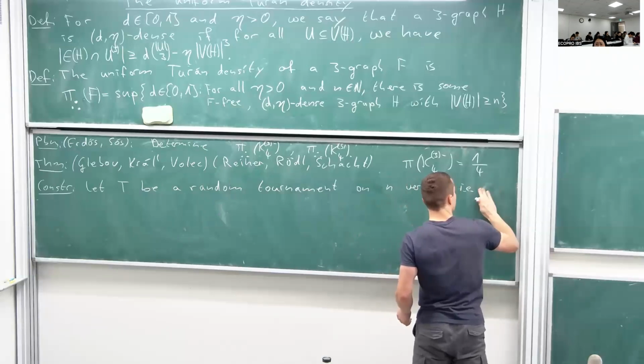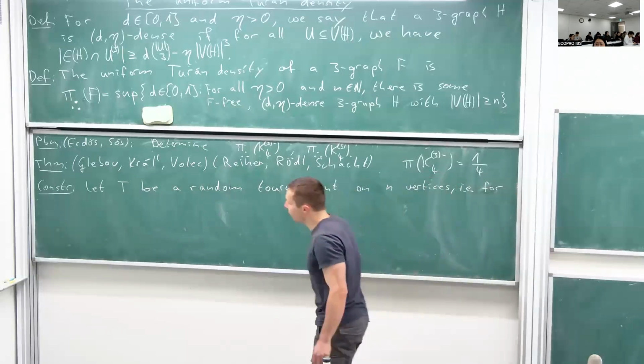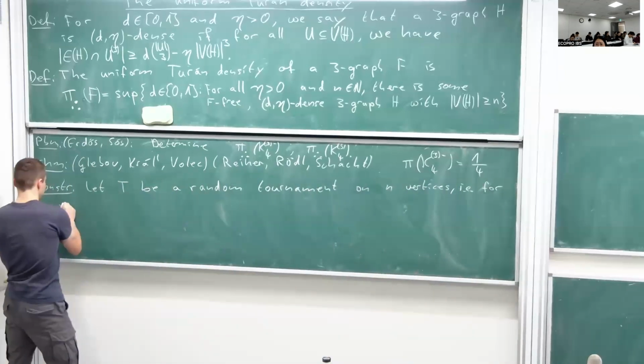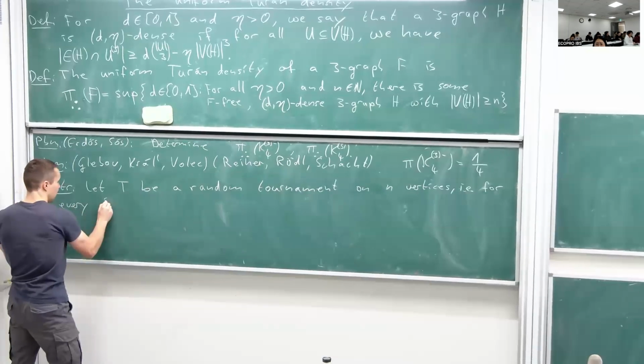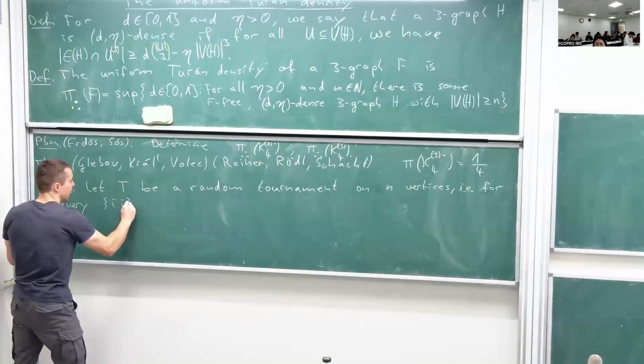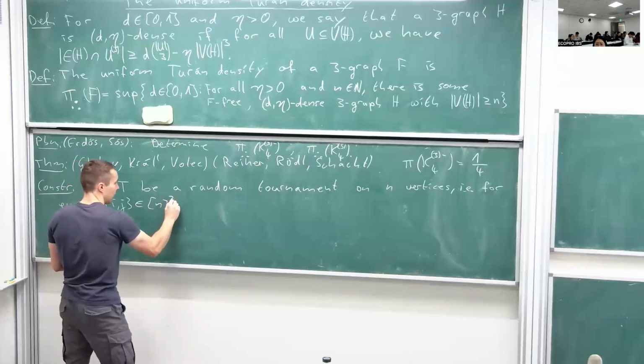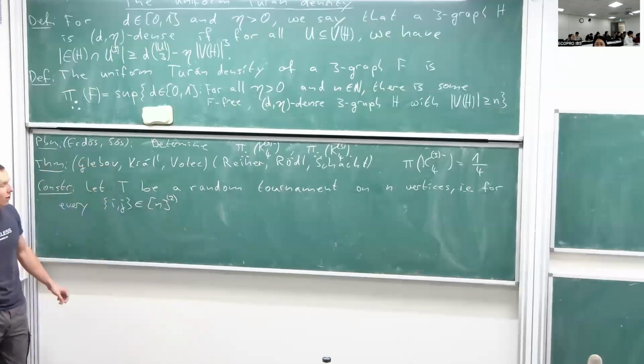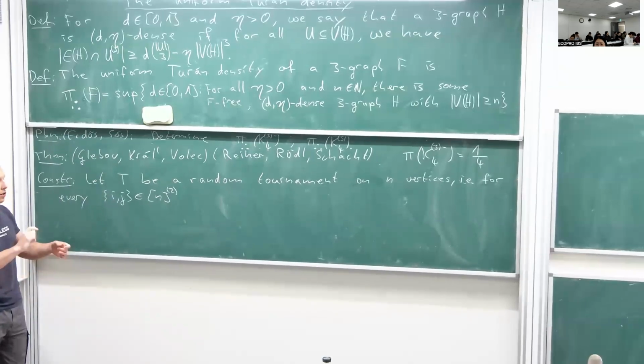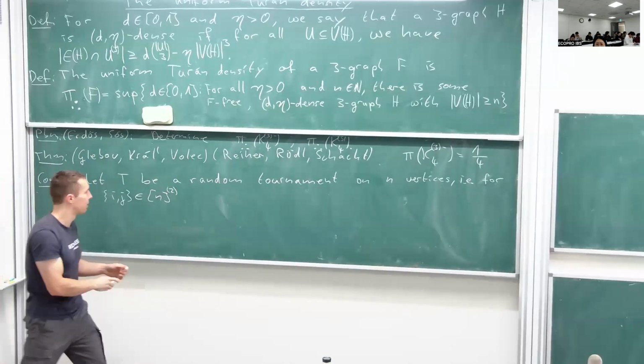So that means for every pair, or every two-set ij on our n vertices, we decide to take one of the two directions. So either from i to j or from j to i.